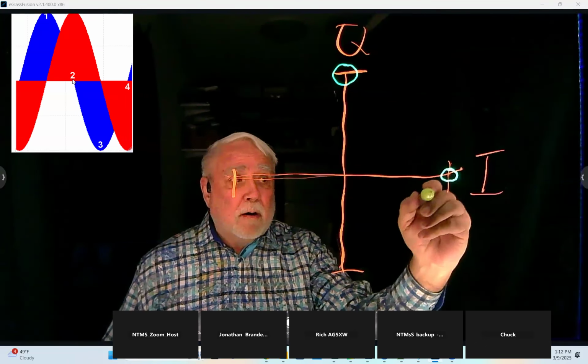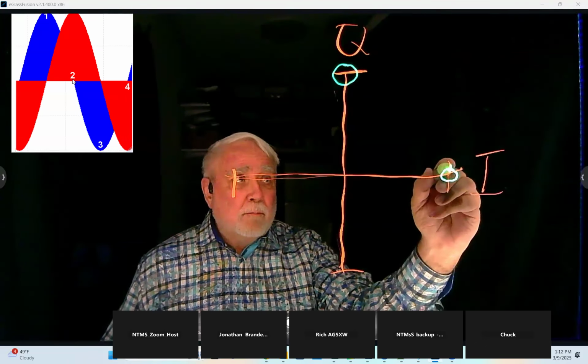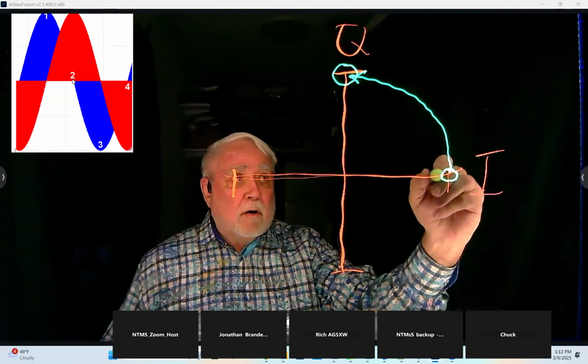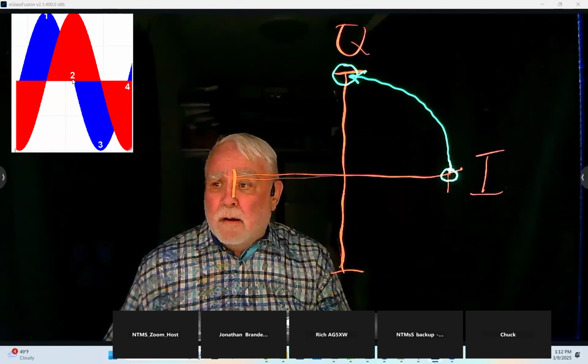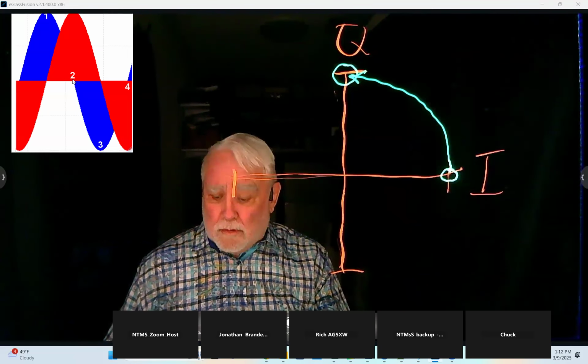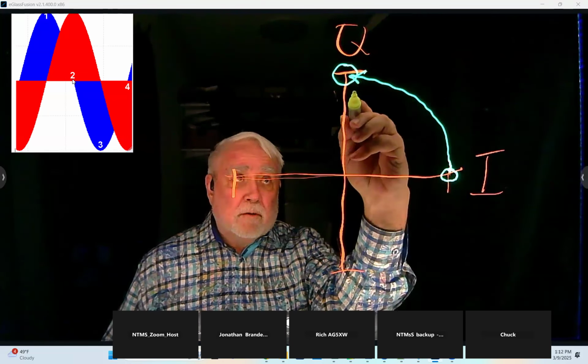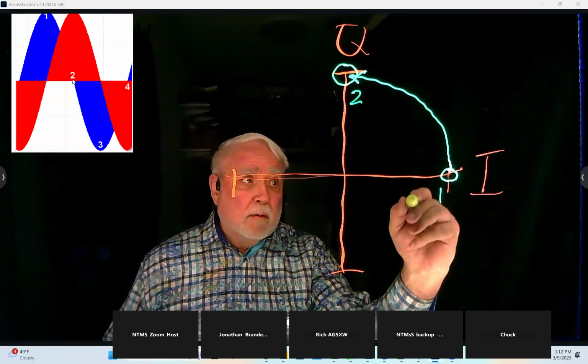So that's that point there. So all these points in between are starting a counterclockwise circle, which is what we've come to know as a positive frequency. So this is the second point. This is the first point.